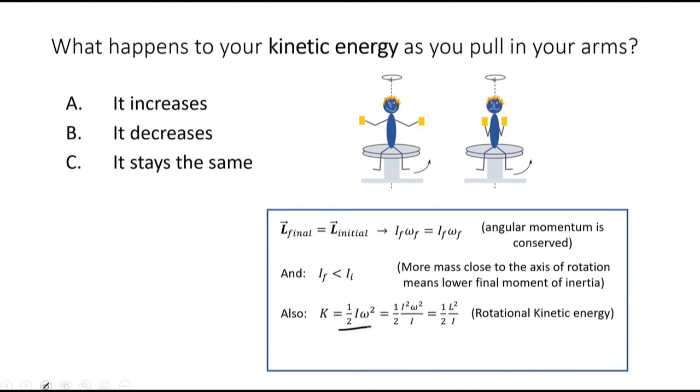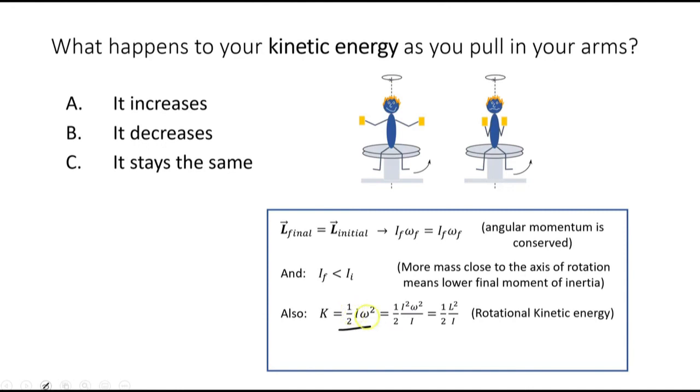And so we want to get it in terms of something that's constant, which is the angular momentum L, and something that's changing. Okay, so how am I going to do that? Well, I recognize that L is equal to I times omega. Here I have omega squared, and so what I want is to get I squared as well. So I'm going to multiply 1/2 I omega squared by I divided by I. Okay, so when I do that, that's okay, because I divided by I is like multiplying by 1, so we're allowed to do that.